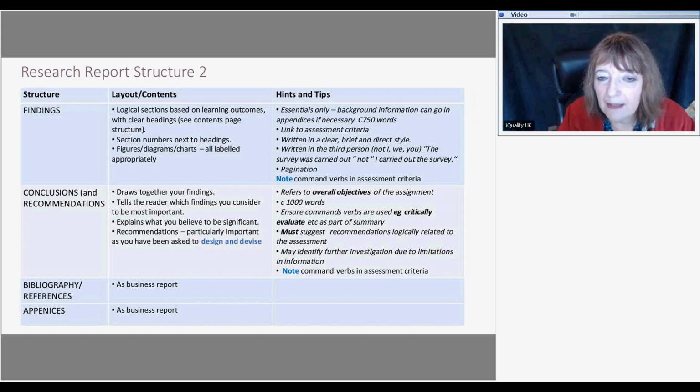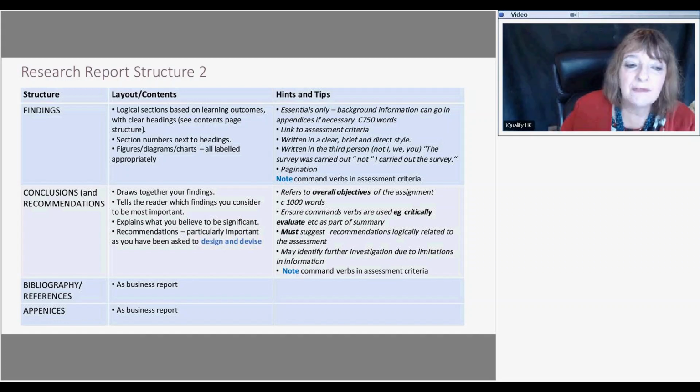Okay, so again, command verbs are very important here. Conclusions and recommendations draw together those findings. Again, there are some useful hints there. And then we've got the bibliography, references and appendix, which are exactly the same as the business report.